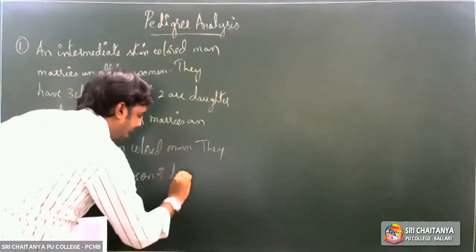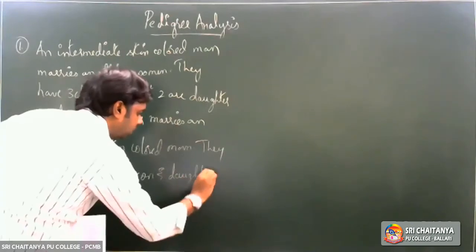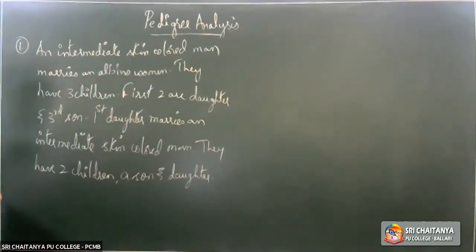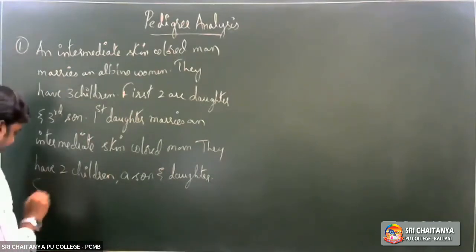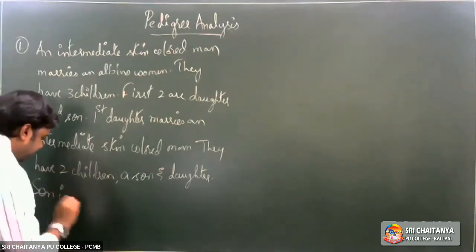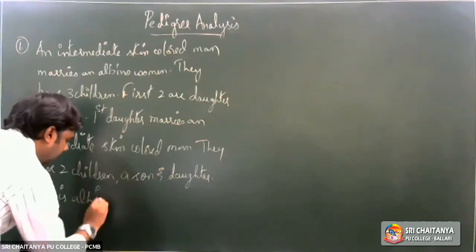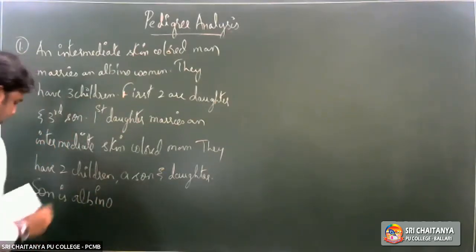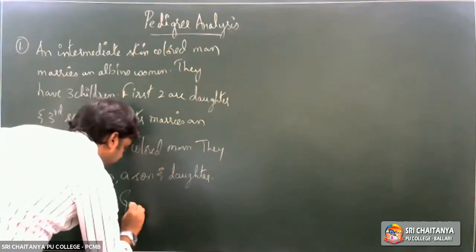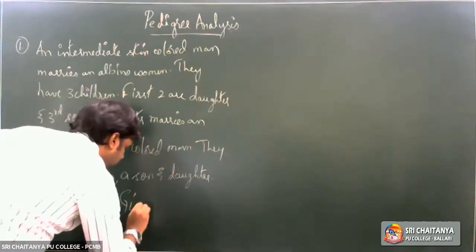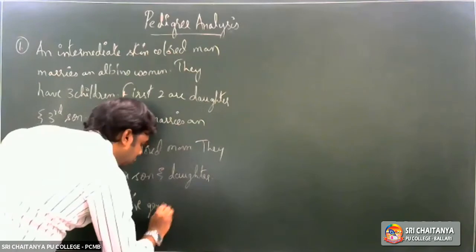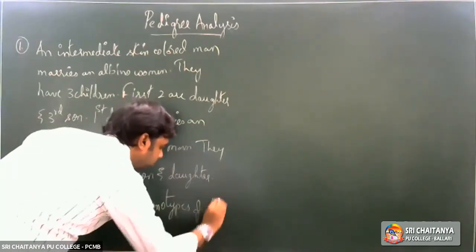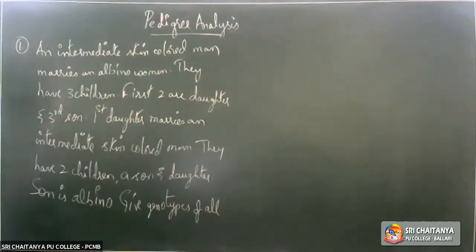Now the son is albino. The question is, give the genotypes of all. So this is the question we have.